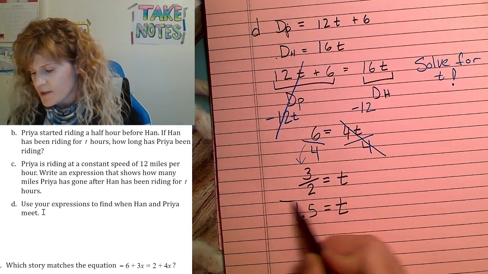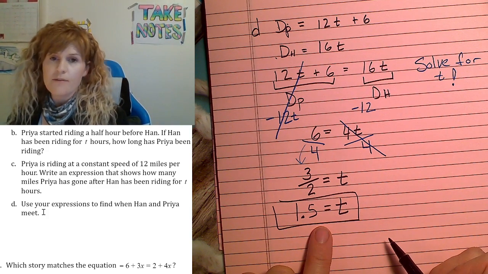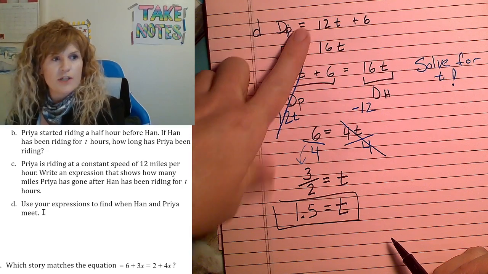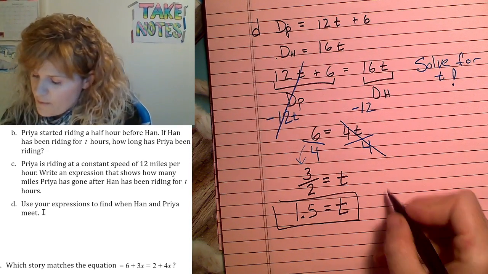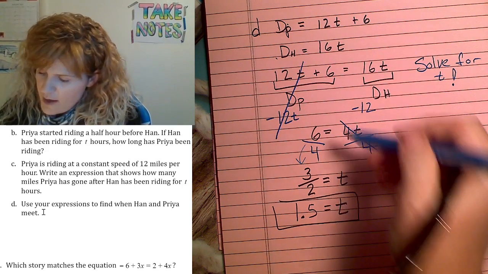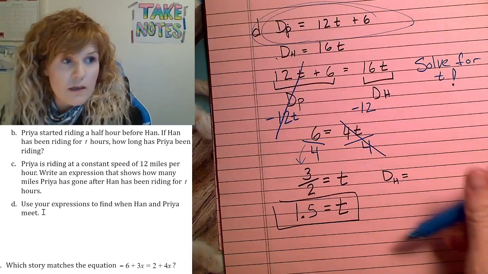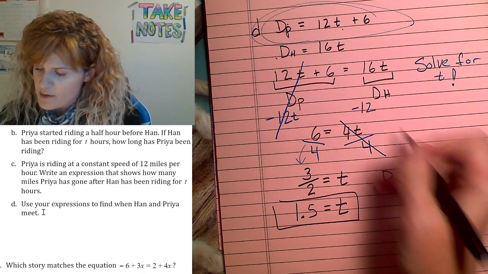If I've solved this correctly, then I can substitute t equals 1.5 back into both Han's equation and Priya's equation, and they're going to give me the same distance. So let's do it. So the distance that Han has traveled, and I'm just using this equation right here, and I'm going to put in t equals 1.5. Oops, that's Priya.